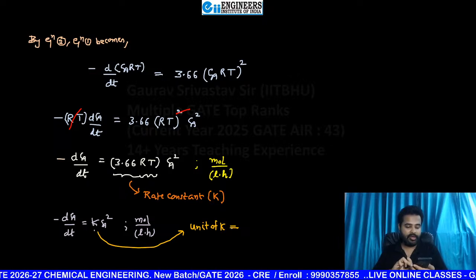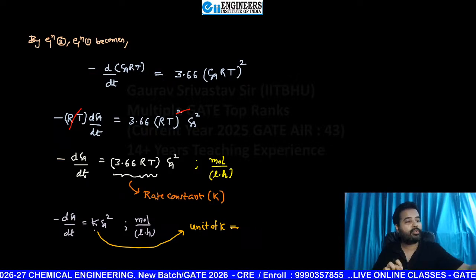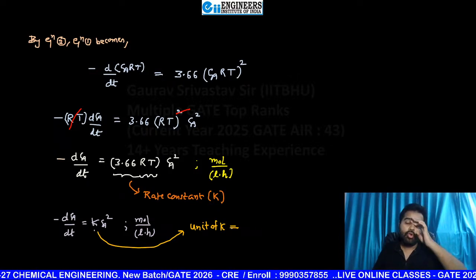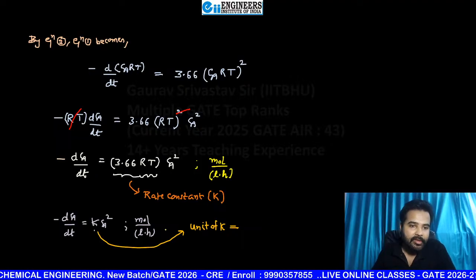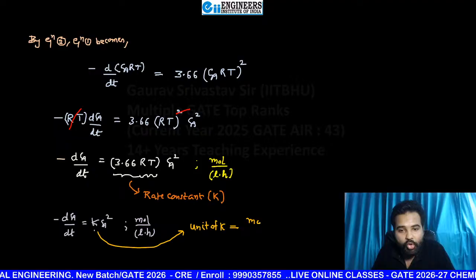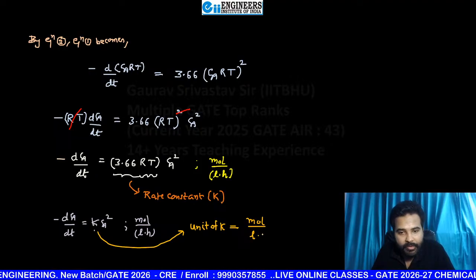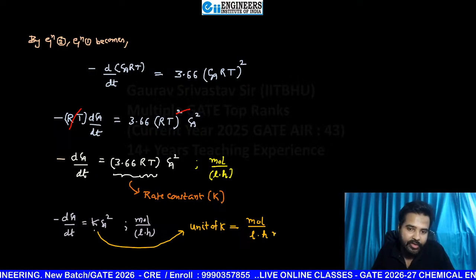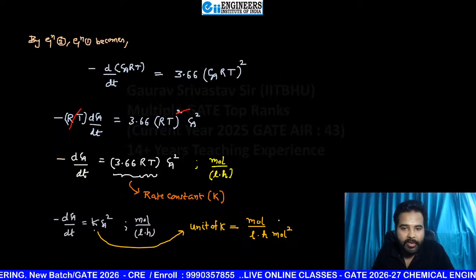Okay, very good, fantastic. So just use the conventional method here. kCA square has unit of mole per liter per hour, so the unit of k will be mole per liter per hour upon CA square unit, and CA square is mole per liter square.